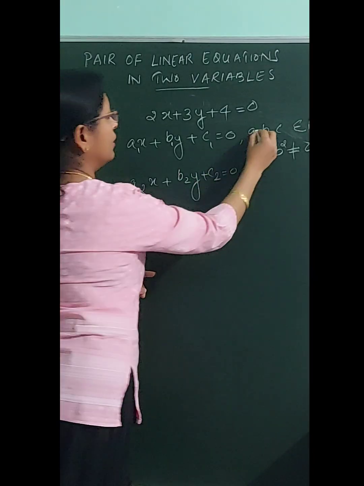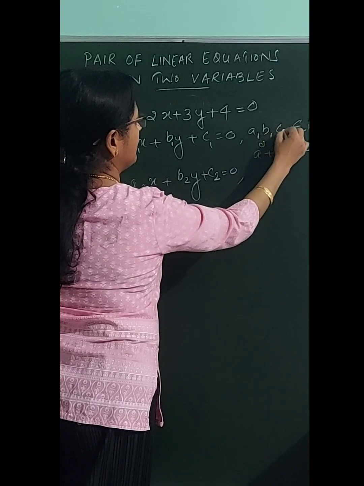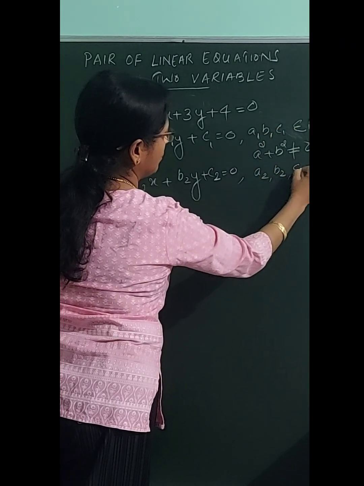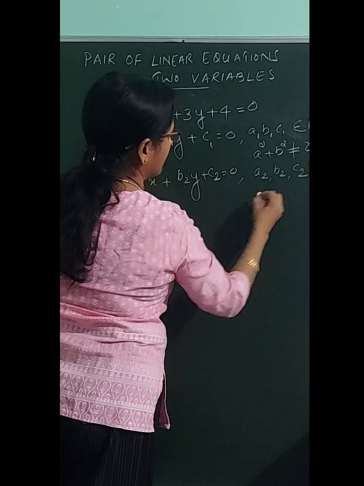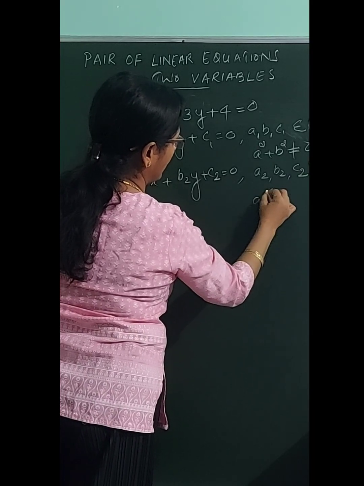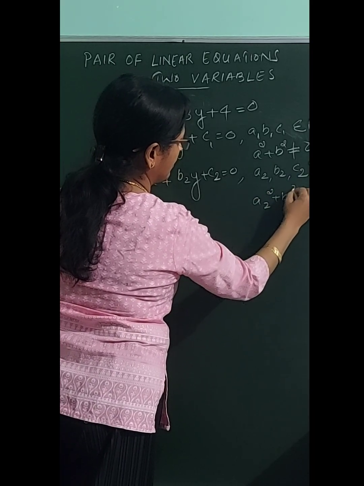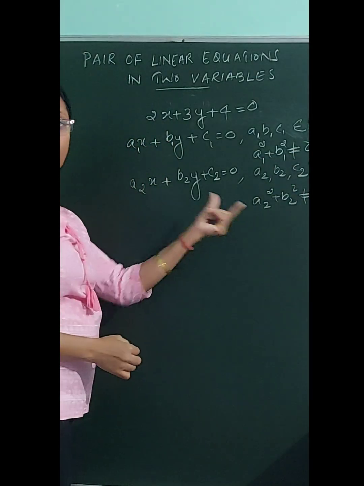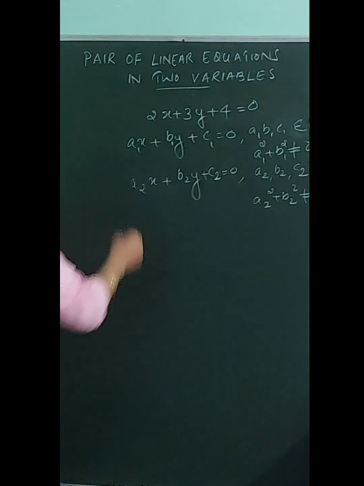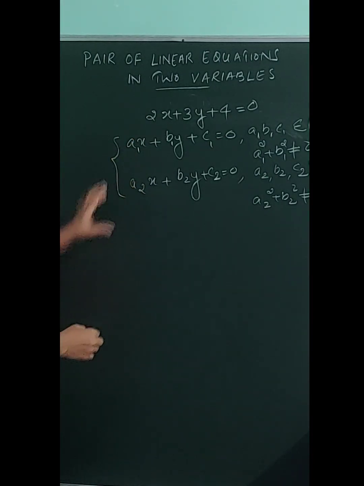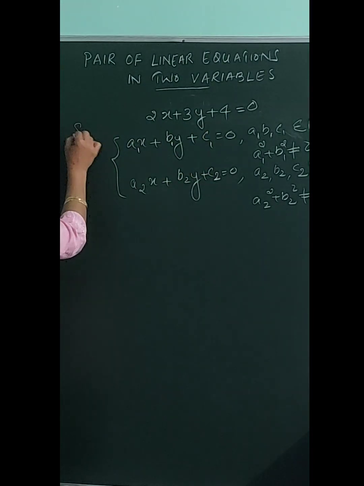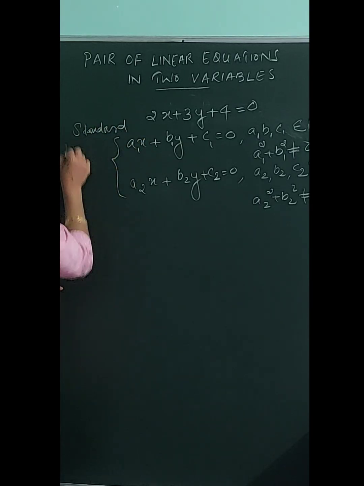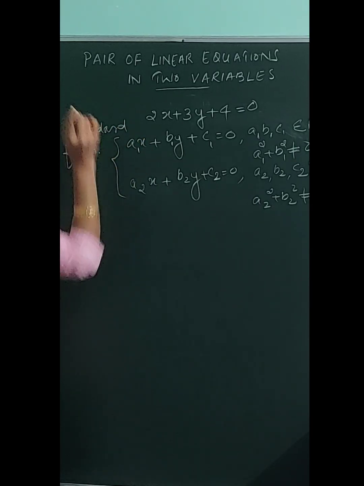Like a1, b1, c1 belong to real numbers, here also a2, b2, c2 are real numbers, and the condition a2 squared plus b2 squared should not be equal to 0. Means a2 and b2 simultaneously cannot be equal to 0. Now this is a pair of linear equations in two variables written in the standard form.